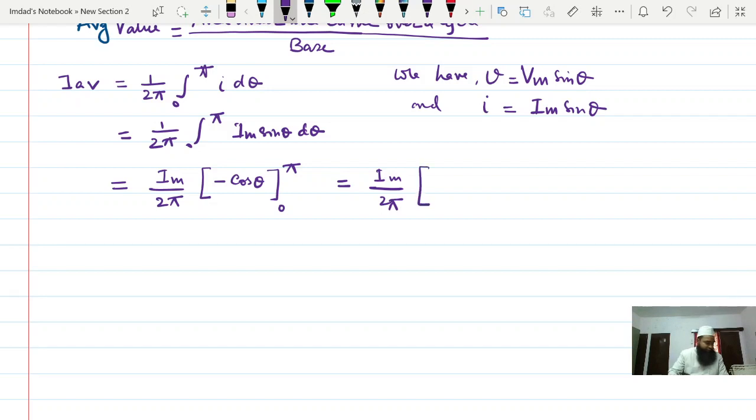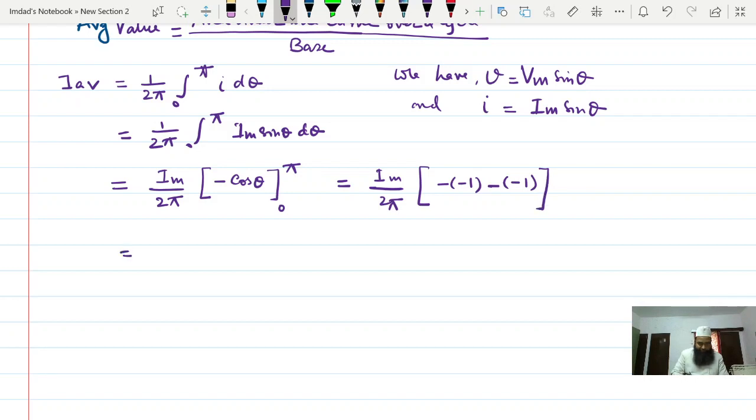For pi, it is minus 1, and for 0 it is also minus 1.